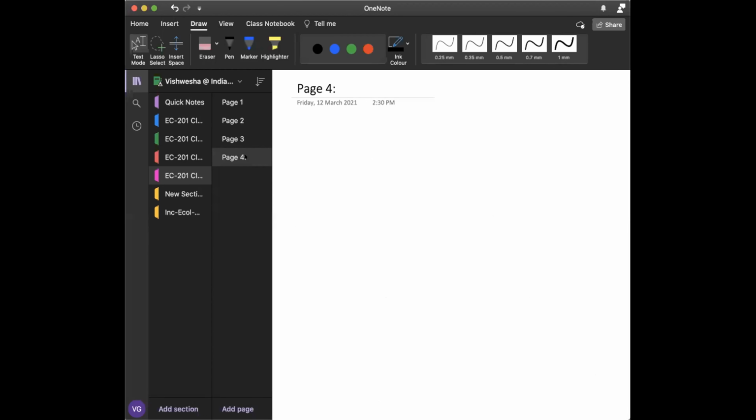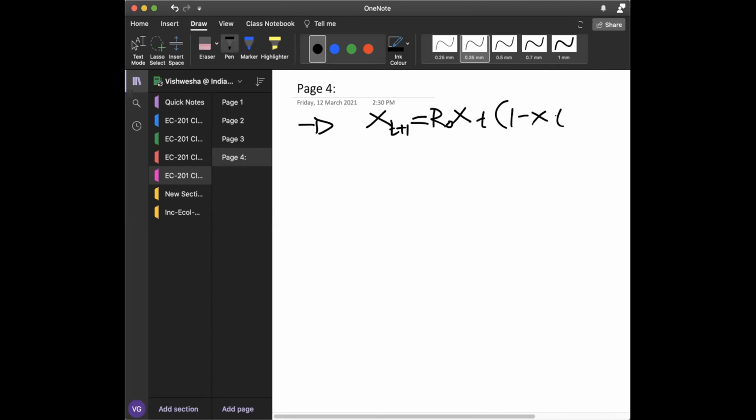I will do one after a very short discussion. I will ask you to do more work today. So if we remember correctly, we had this simple looking model that we are discussing, right? Discrete time logistic model.